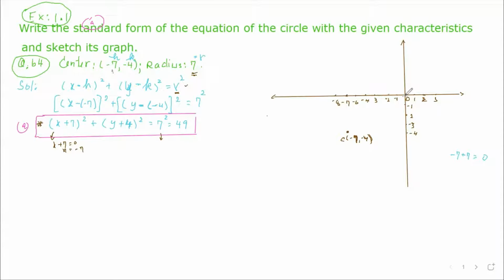So x becomes 0, and the y point is the same, so -4 here. So it's going to be about this point. So this is the xy point on the circumference: x is 0 and y is -4. So I got this point.